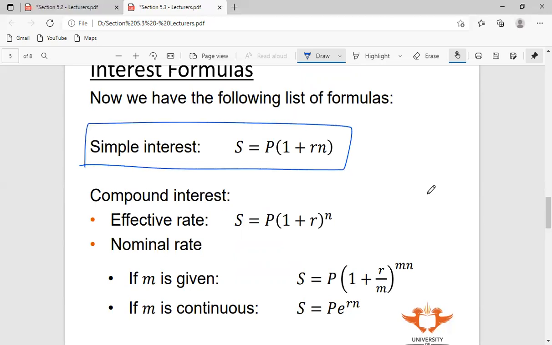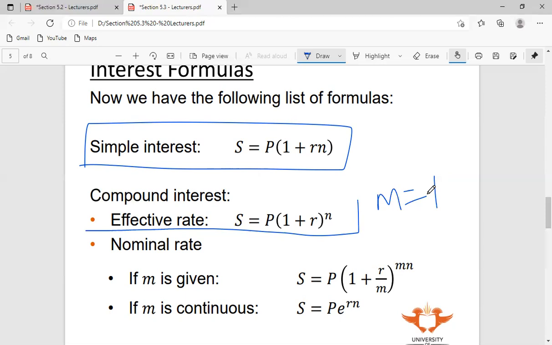Then for compound interest with effective interest rate, recall that effective interest simply means interest compounded annually, where interest is calculated only once a year, with m equal to 1. I'm saying this because in some questions you will not be told that interest is compounded yearly.